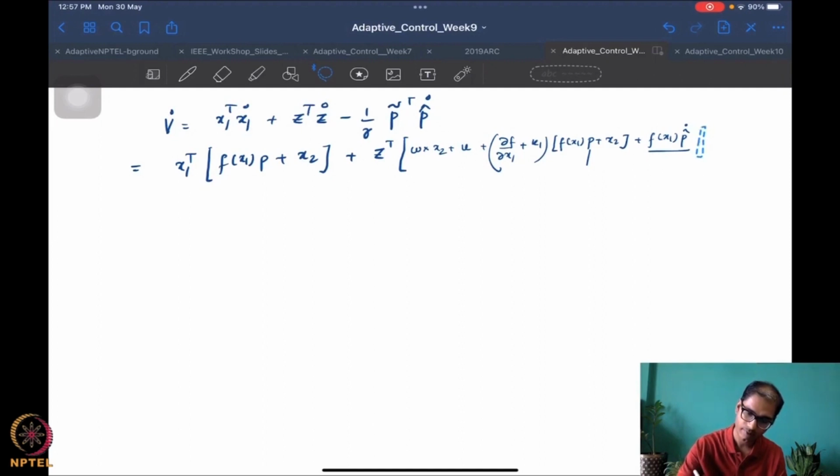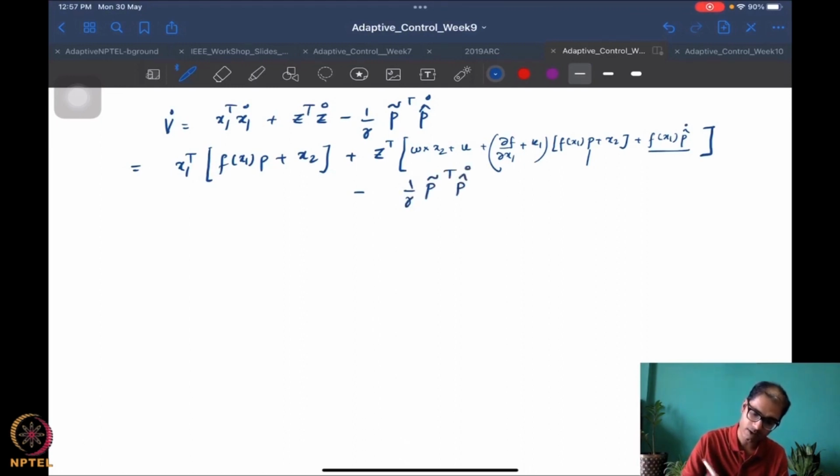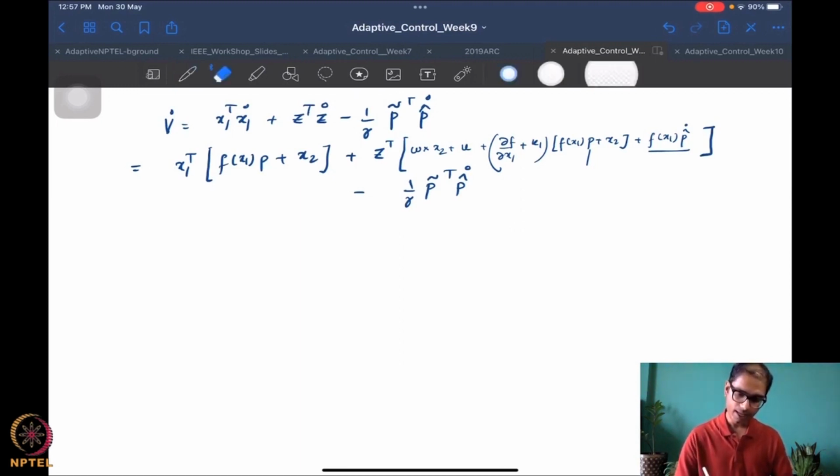Now notice again that unlike the previous scenario, p hat dot is not defined yet, so that remains as it is. But if you remember the extended matching design discussion, the good thing is p hat dot is something that we specify, so we know what it is.